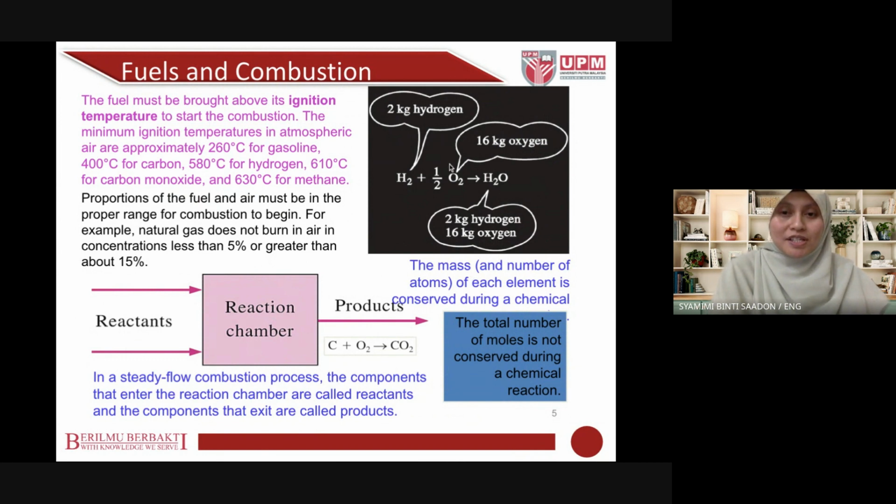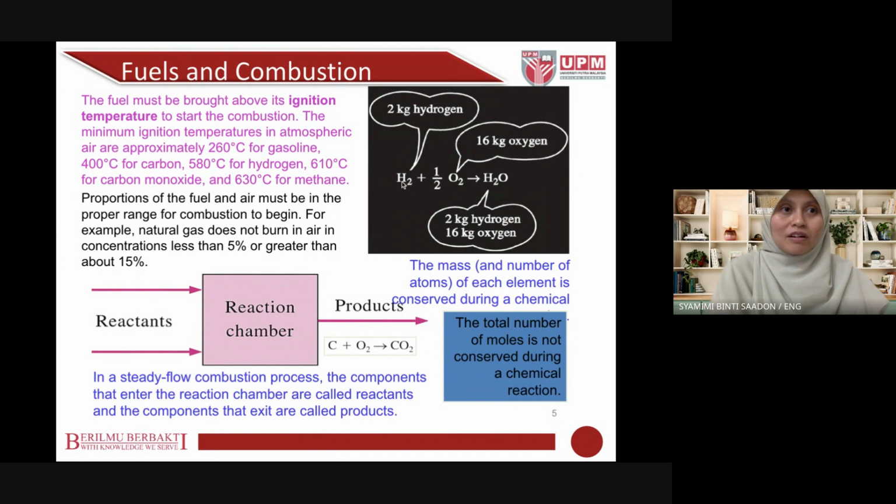This is just an example of the chemical reaction of hydrogen forming water. For example, if we have 2 kilograms of hydrogen and mix it with 16 kilograms of oxygen, then we get the total of H2O, water. First, of course, we need to do the chemical balance.